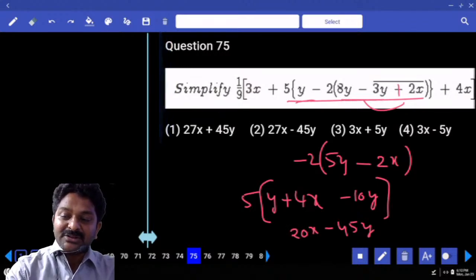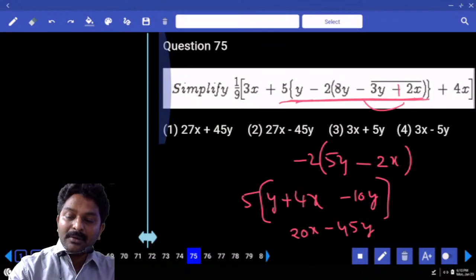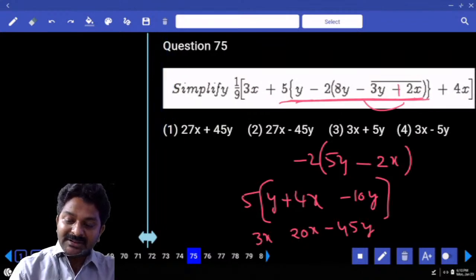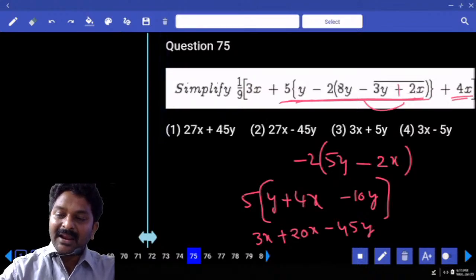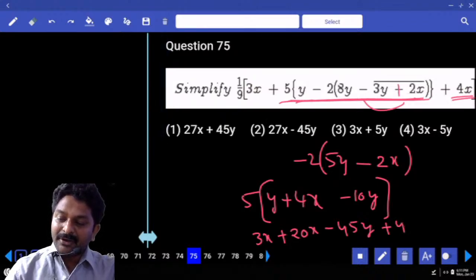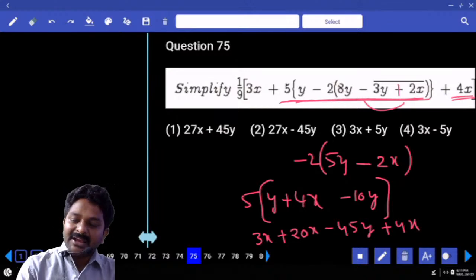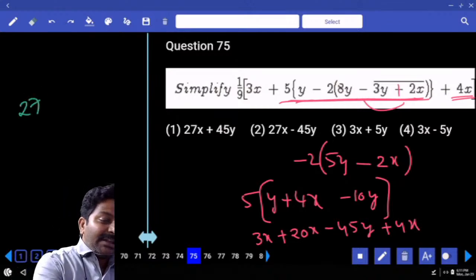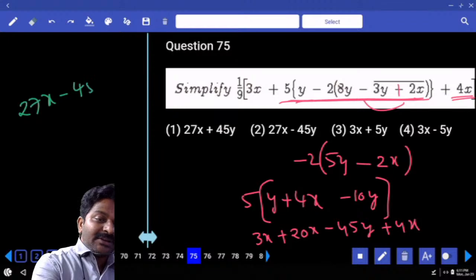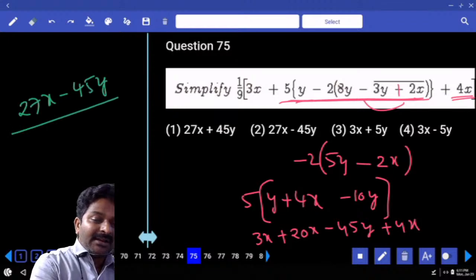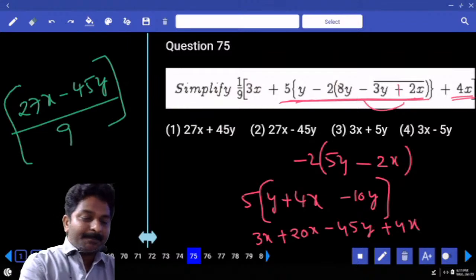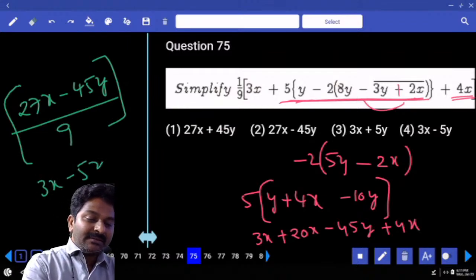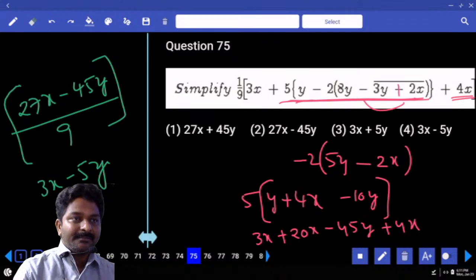So far this part is over. And outside we have plus 3x. And then in the last we have plus 4x. 3x plus 20x plus 4x, which is 27x minus 45y, and the entire expression is divided by 9. 3x minus 5. Done? Right.